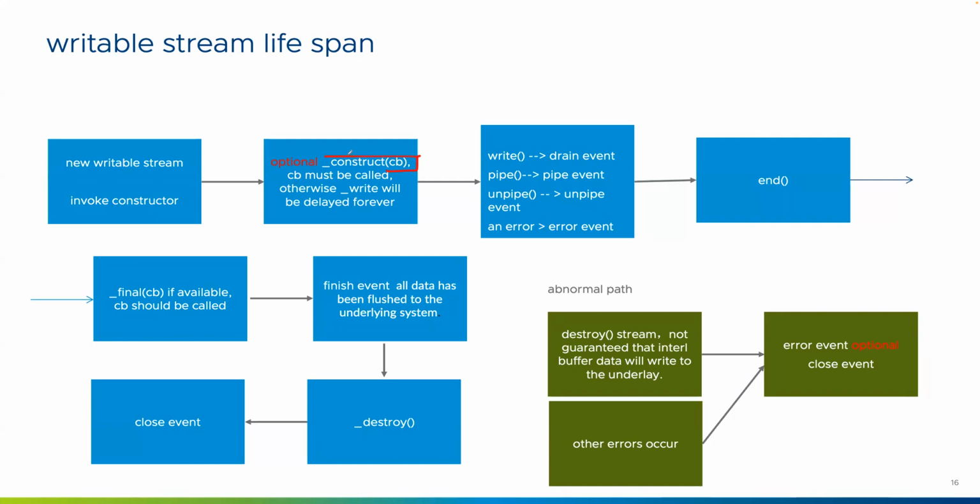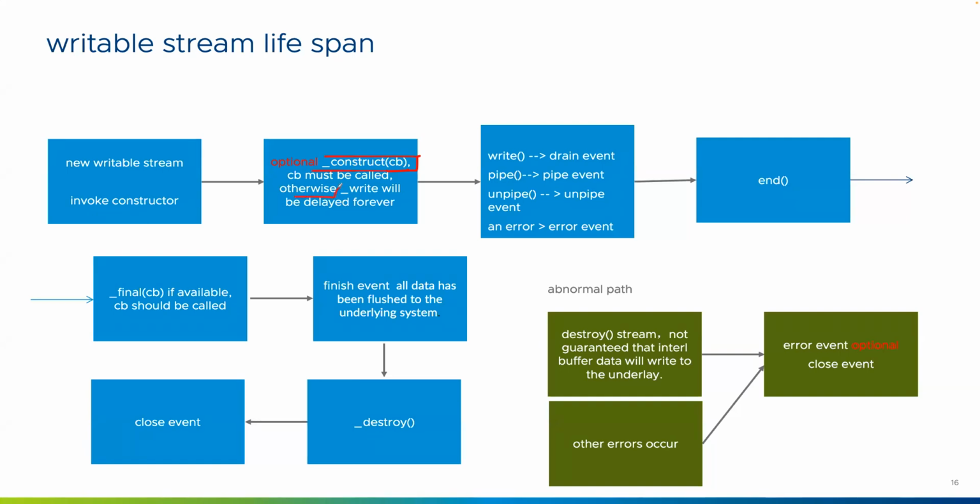This is optional. If you give this method in your definition of your own child writable stream class, the callback must be called. You have to ensure that your callback must be called within this function.